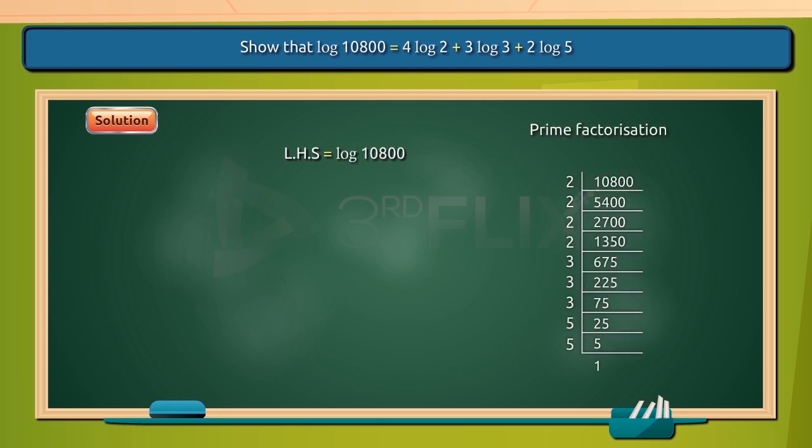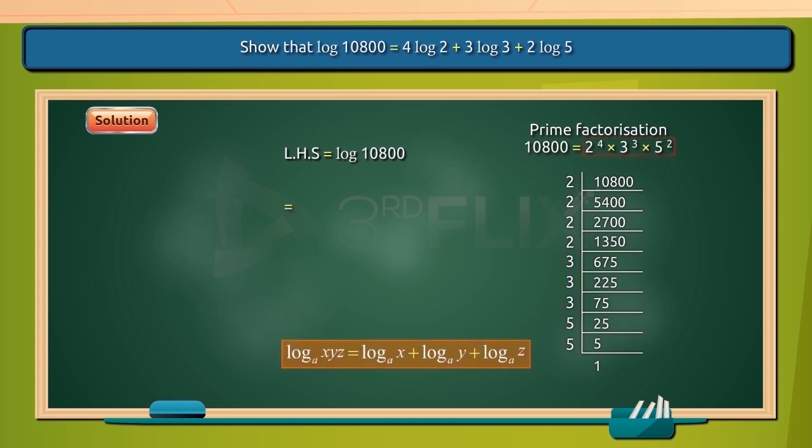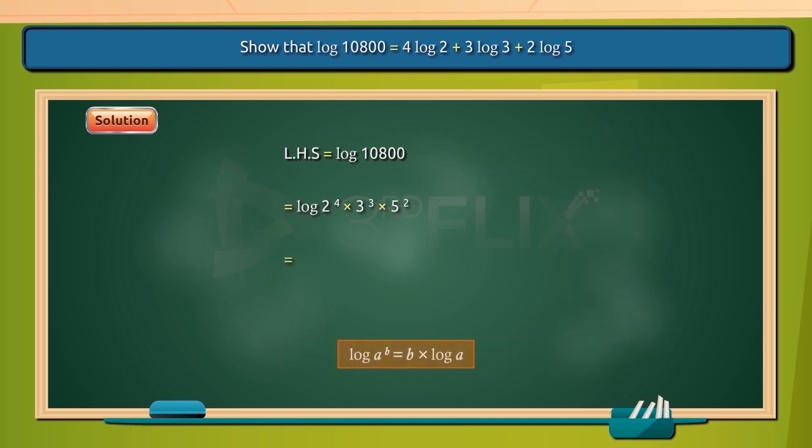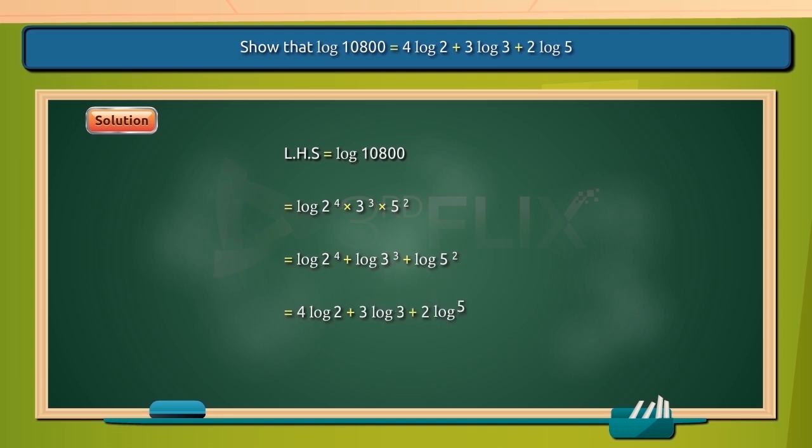By prime factorization, we can write 10,800 as 2 power 4 into 3 power 3 into 5 power 2, equals log of 2 power 4 into 3 power 3 into 5 power 2, equals log 2 power 4 plus log 3 power 3 plus log 5 power 2, equals 4 log 2 plus 3 log 3 plus 2 log 5, equals RHS.